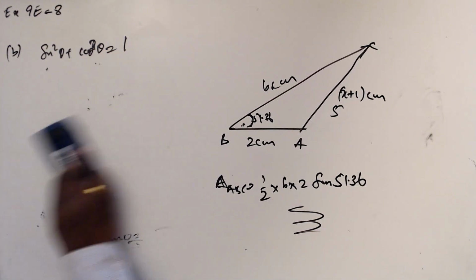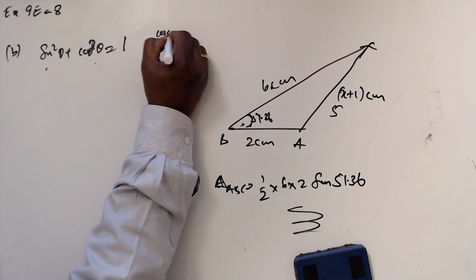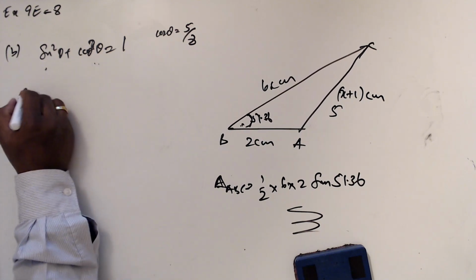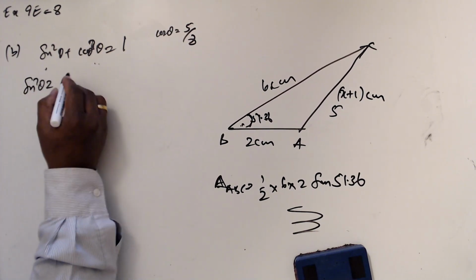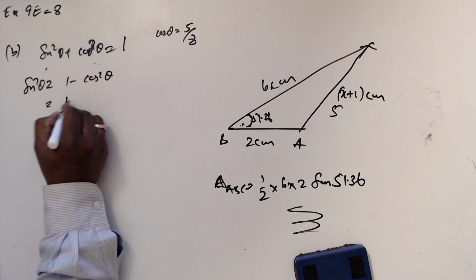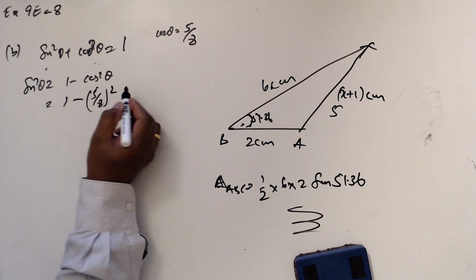Now you can see that cos theta is given. So cos theta is 5 over 8. Then sine square theta means 1 minus cos square theta. I bring it to the other side. 1 minus (5 over 8) square.